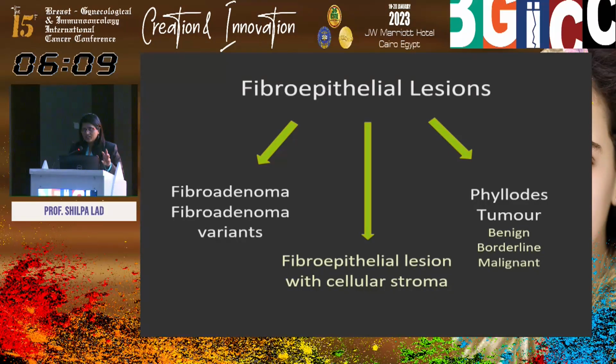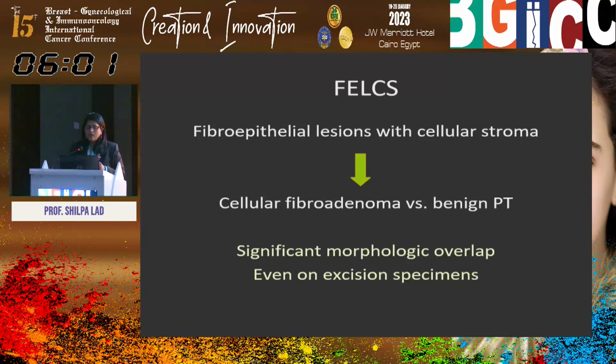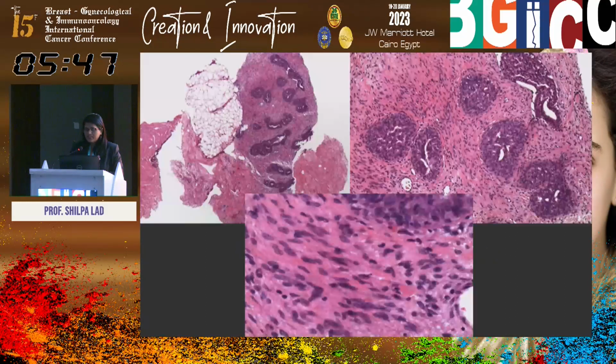It can be the classic type, or they can be increased cellularity, and then it gets confusing with phyllodes tumors. Therefore, assessment between cellular fibroadenoma versus benign phyllodes is harder for the pathologist, and so is the differentiation between benign phyllodes and malignant phyllodes.